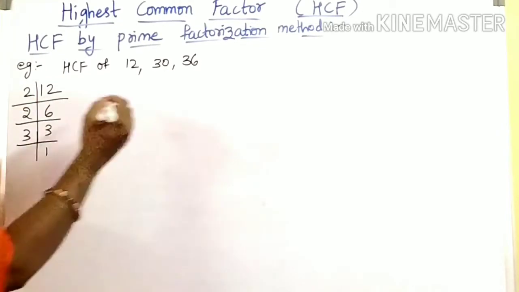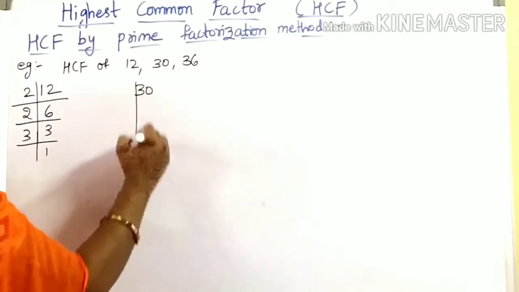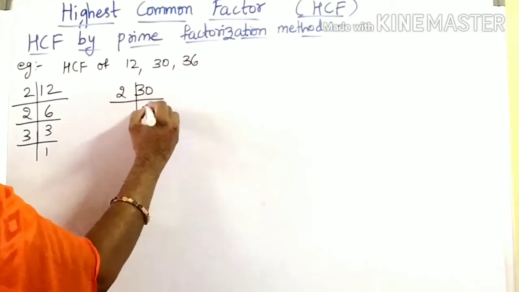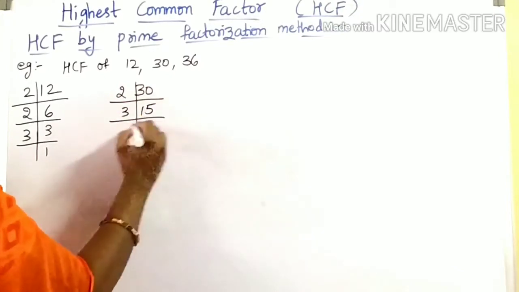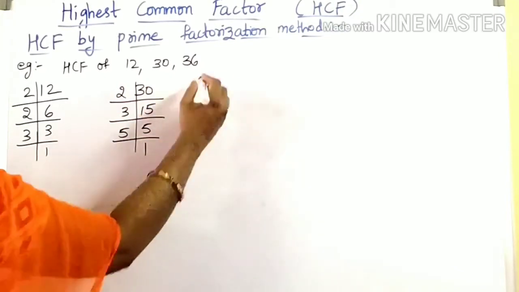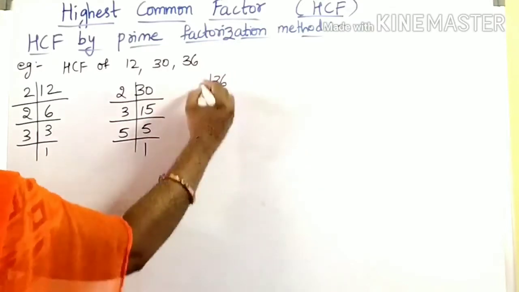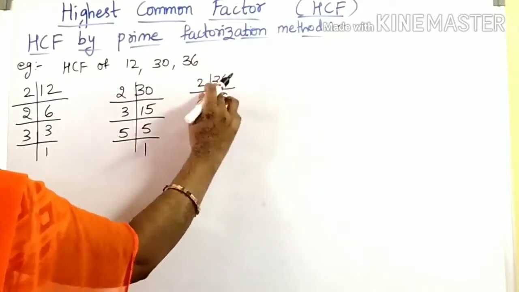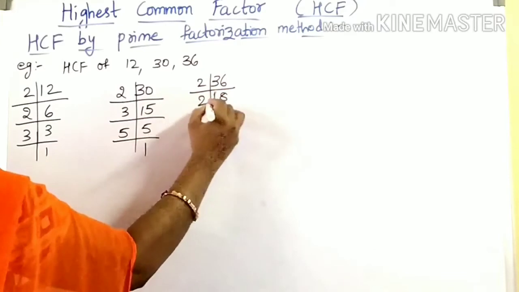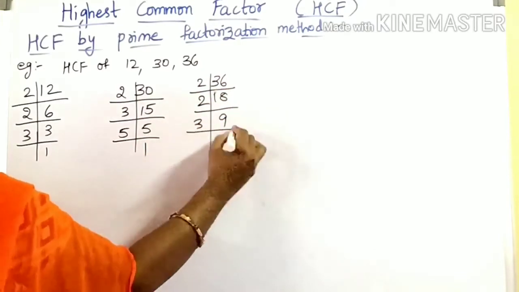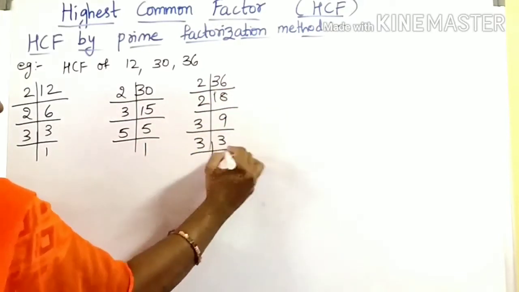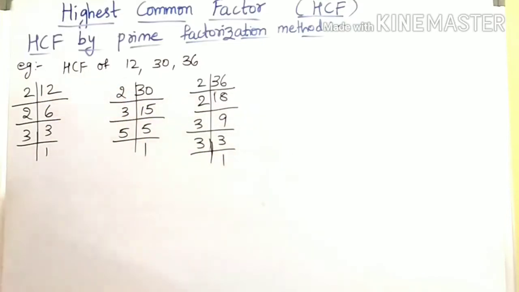Next 30: 2 15s are, 3 5s are, 5 1s are. Next 36: 2 18s are, 2 9s are, 3 3s are, 3 1s are. You have to take only prime numbers here.